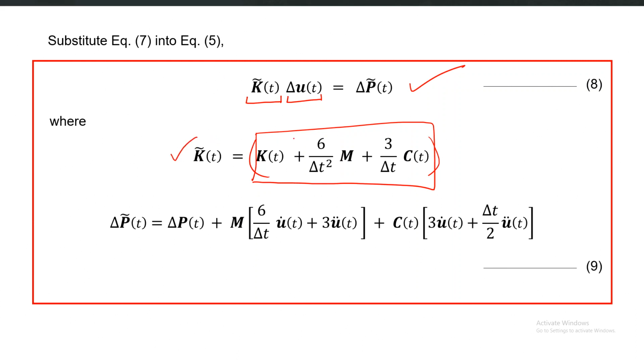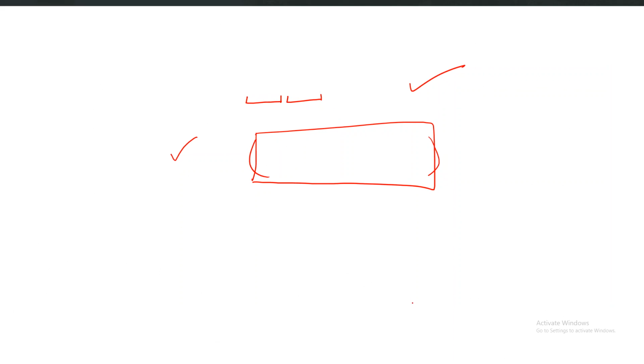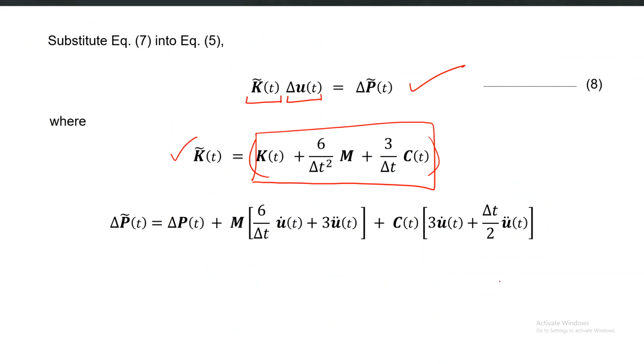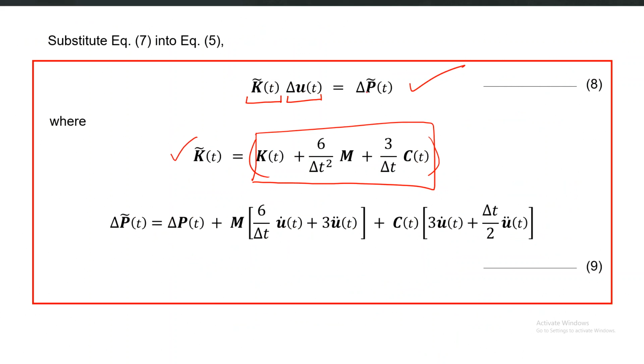Similarly, all the constant terms can be taken on the right hand side of the last equation, and whatever is on the right hand side, let's call it a new or modified force vector, delta p prime, where delta p prime is this whole thing.